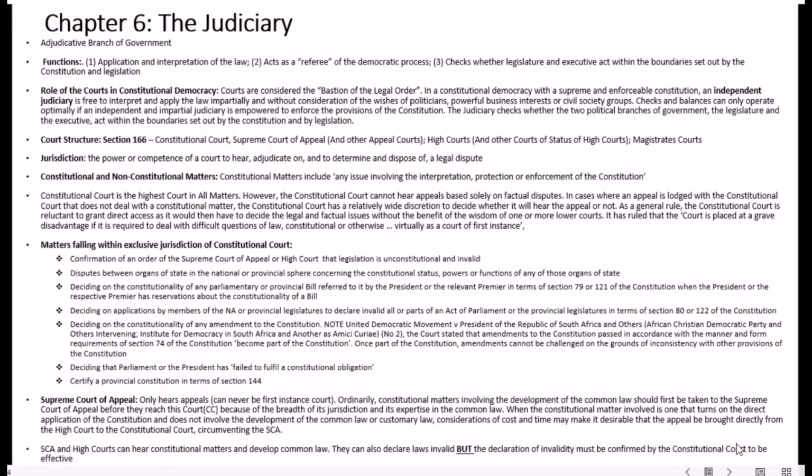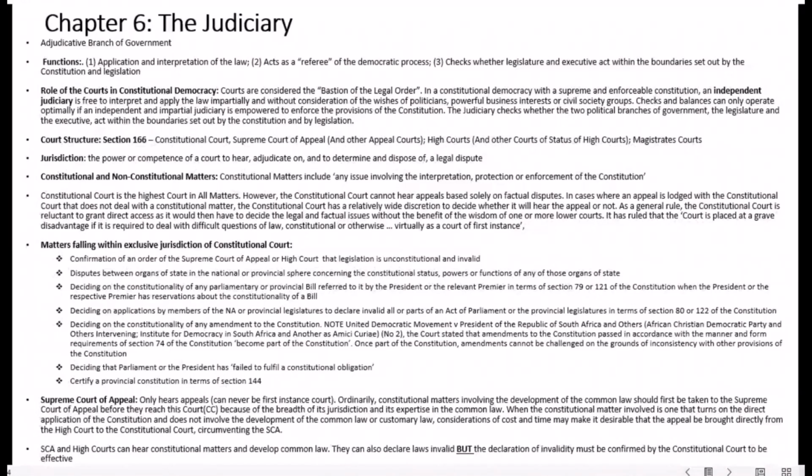And the roles of the court in a constitutional democracy. The courts are very important, colleagues. They are actually considered the bastion of the legal order. In a constitutional democracy with a supreme and enforceable constitution, an independent judiciary specifically is free to interpret and apply the law impartially and without consideration of the wishes of politicians, powerful business interests, or civil society groups.